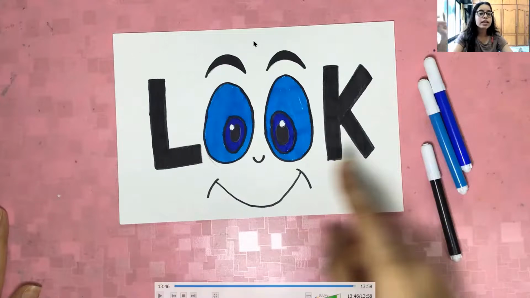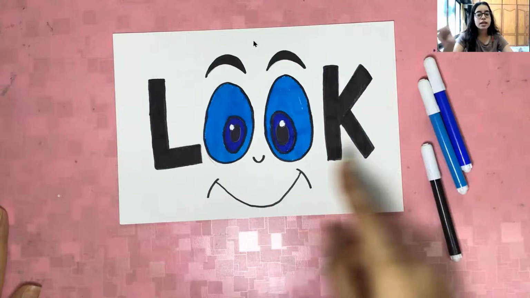So that's how we catch this fundamental technique in word illustration, where we use something that is associated with that word. For look, the meaning that we used was, what do we use our eyes for? We use our eyes to see, to look, to watch.